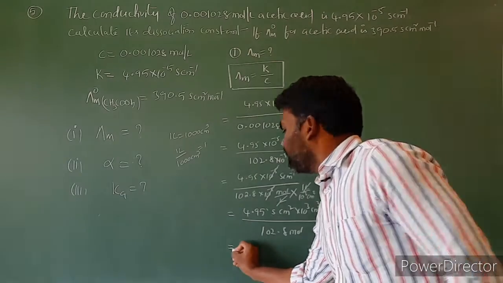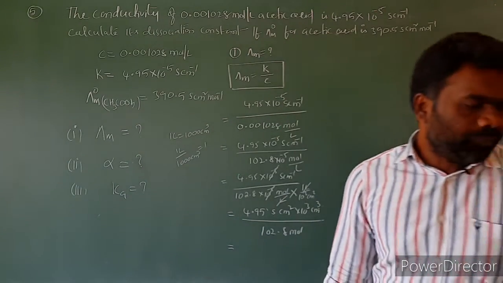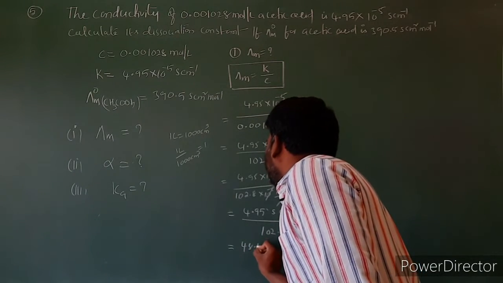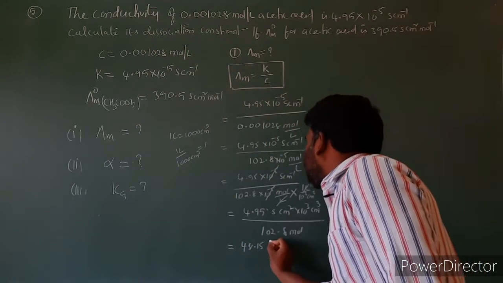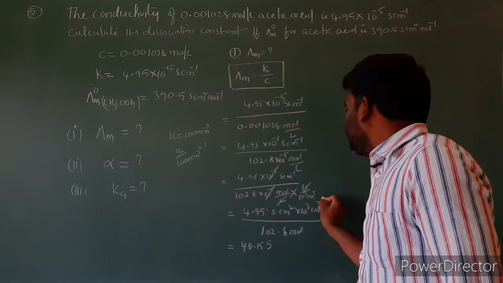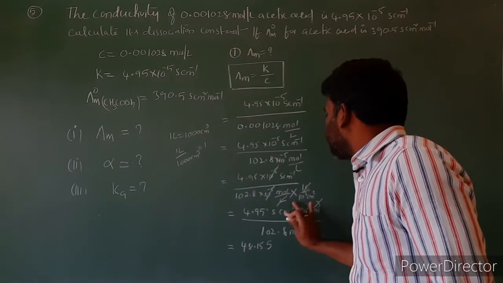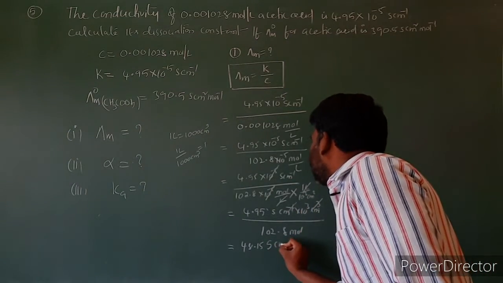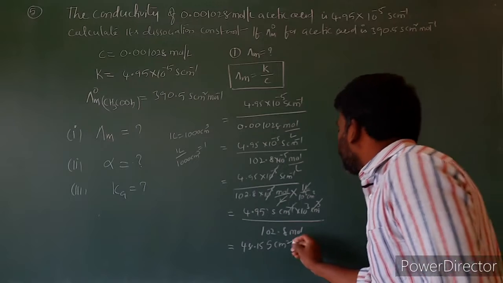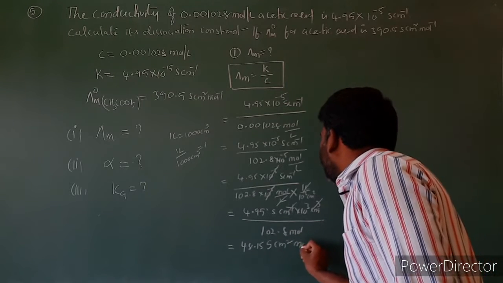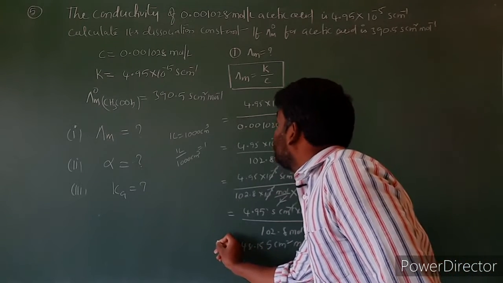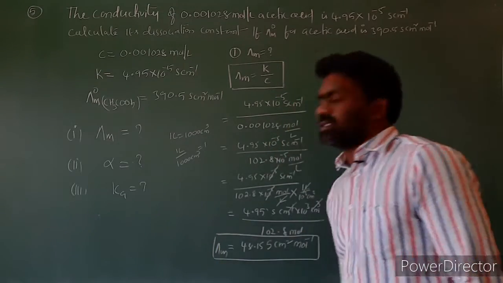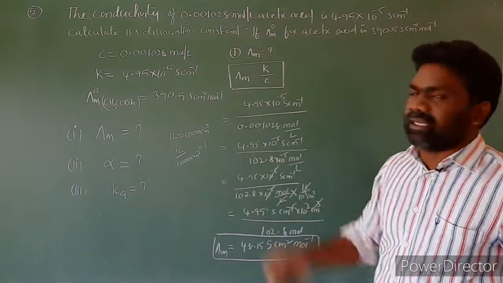Upon simplification we get 48.15 Siemens centimeter square mole inverse. This is lambda m of acetic acid.